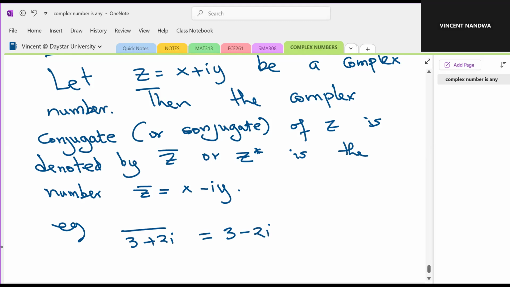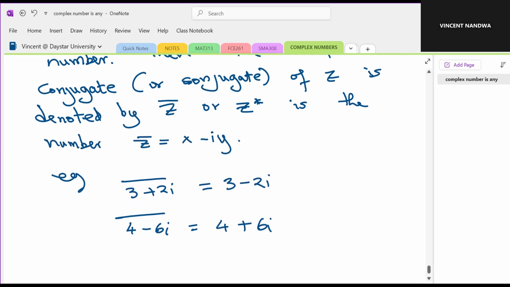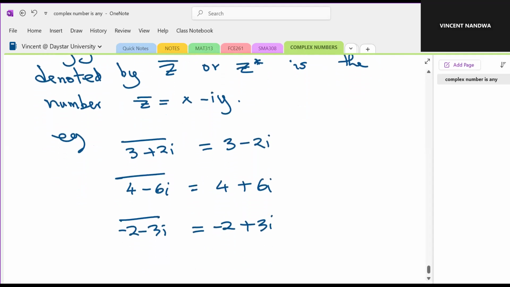The complex conjugate of 4 minus 6i would be given by 4 plus 6i. The conjugate of minus 2 minus 3i will be minus 2 plus 3i. And the conjugate of, say, minus 5 plus 6i will be minus 5 minus 6i, etc. So that's how we define complex conjugates.